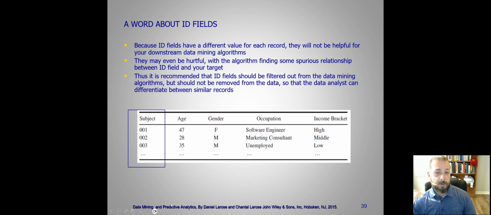When you grab information from a database, you're going to have all of these observations automatically labeled based on their numerical place, right? So 001, 002, 003, and so on. And so it's recommended that those ID fields be filtered out and removed for your data analysis. They're not going to help differentiate between similar records.